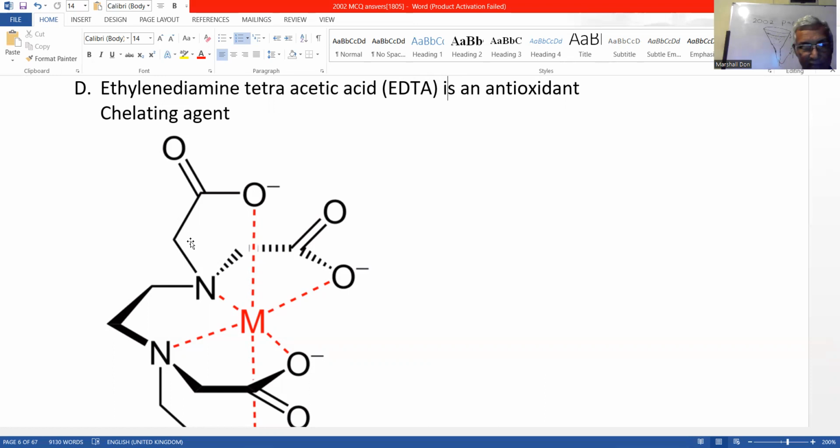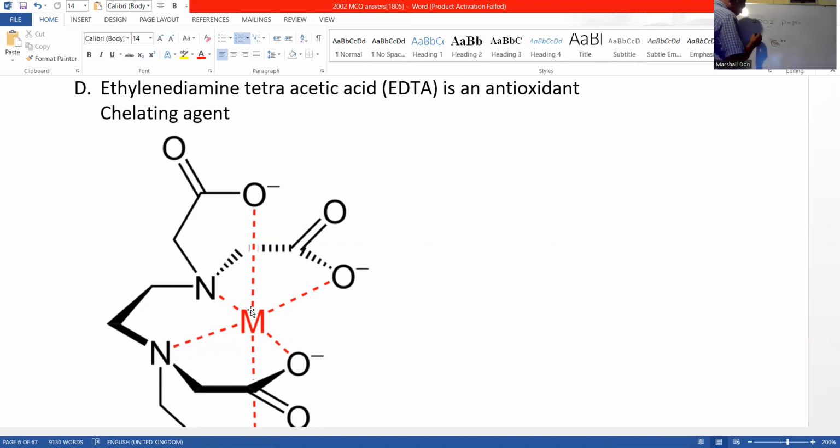What is chelation? Part of the EDTA molecule, when a metal ion like calcium or magnesium comes there, chelate means the calcium 2 plus ion comes here.